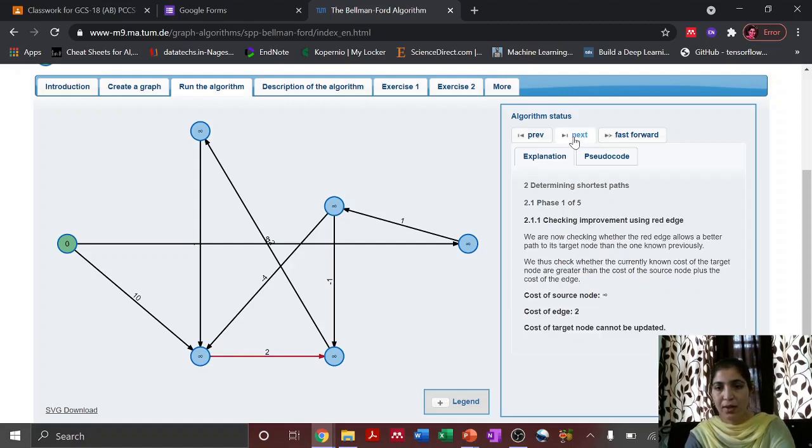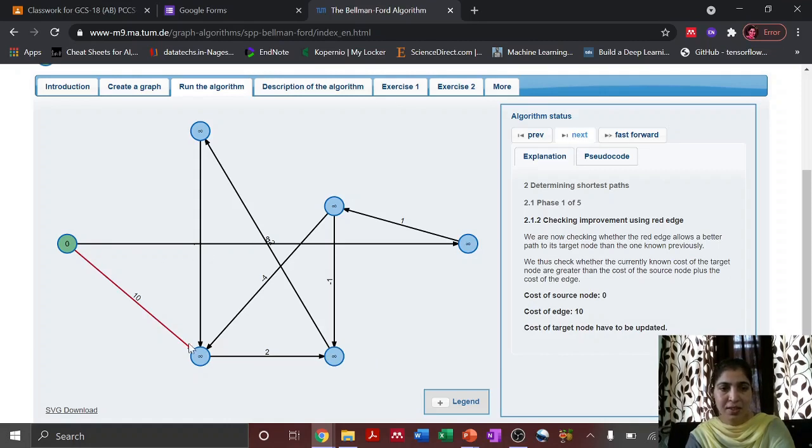First it is checking this edge, so it will check all the edges one by one. It is randomly picking the edges. Here this is the source and this is the destination, and the distance is 2, so infinity plus 2 is infinity, so the distance cannot be updated. Let's move next.